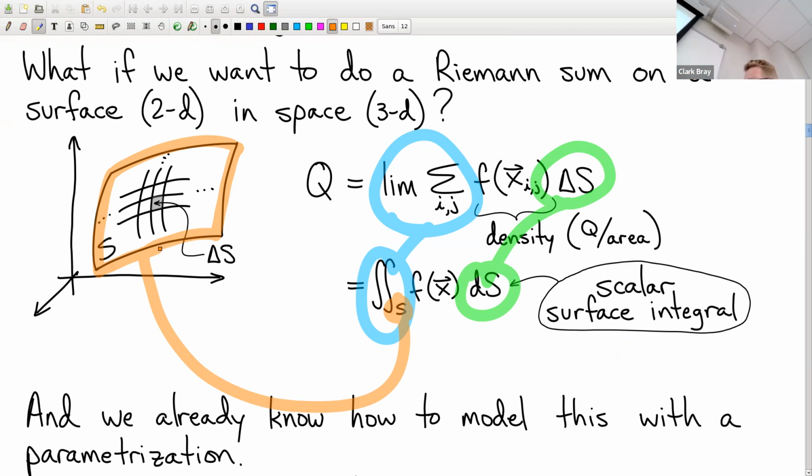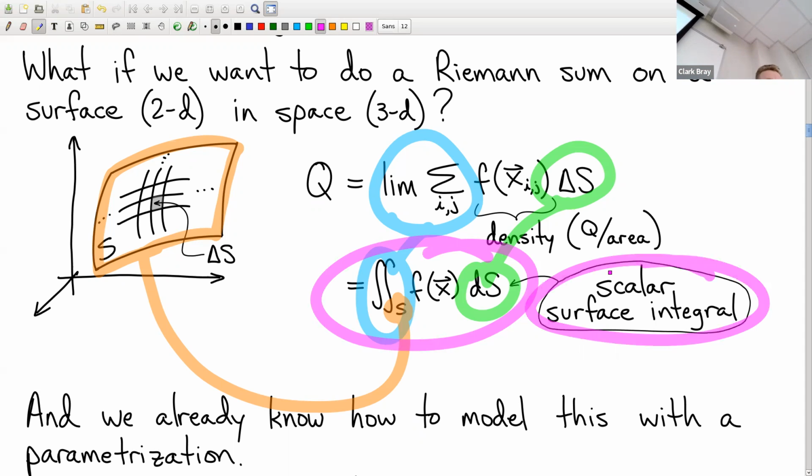I want to assert that this is a kind of shameless ripoff of the idea of a scalar line integral. It's the scalar line integral, except it's on a surface instead of a curve, but same idea. So we are also going to rip off the terminology. And this is a scalar surface integral because it's on a surface.